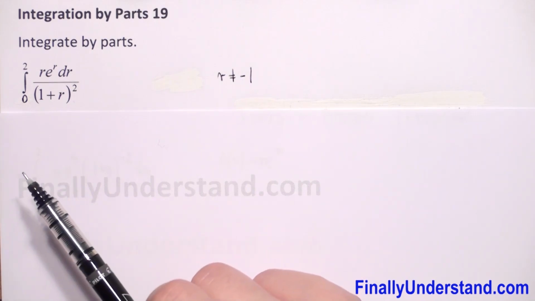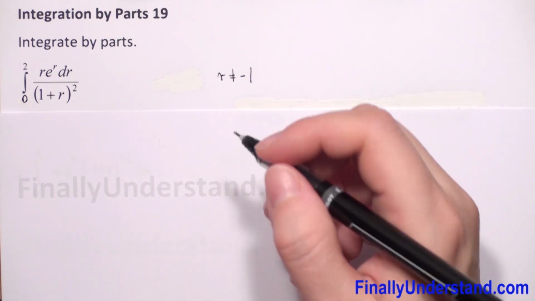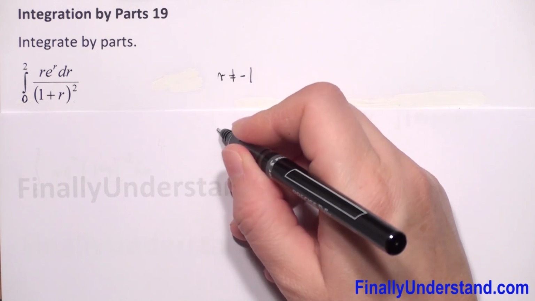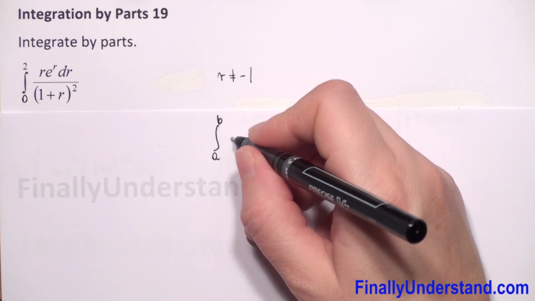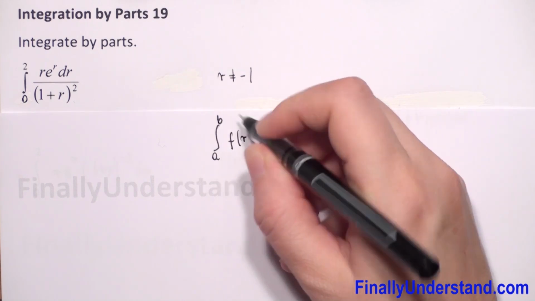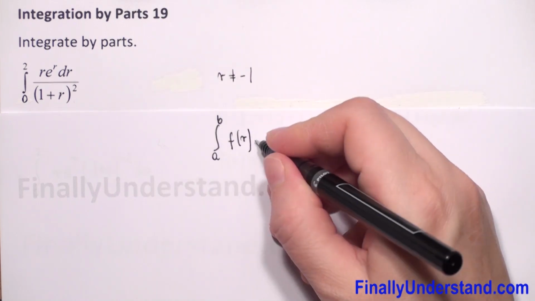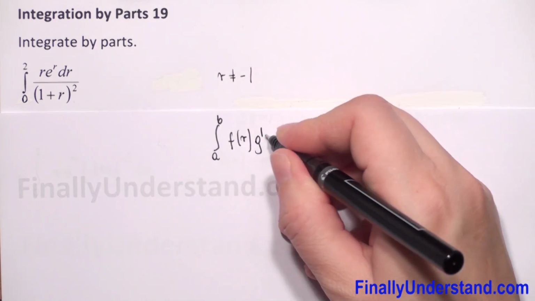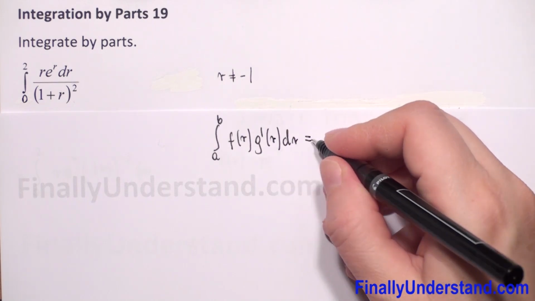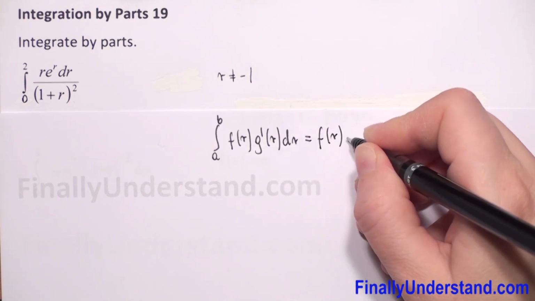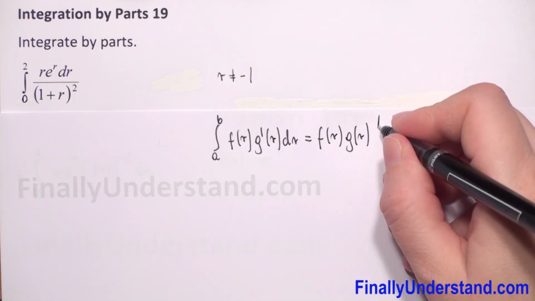Next, because we need to do integration by parts, let me remind you of the formula. When we have a definite integral from a to b of f of r, because in this case we have integral with respect to r, times g prime of r dr, this is equal to f of r times g of r, and next we have to put a vertical bar.